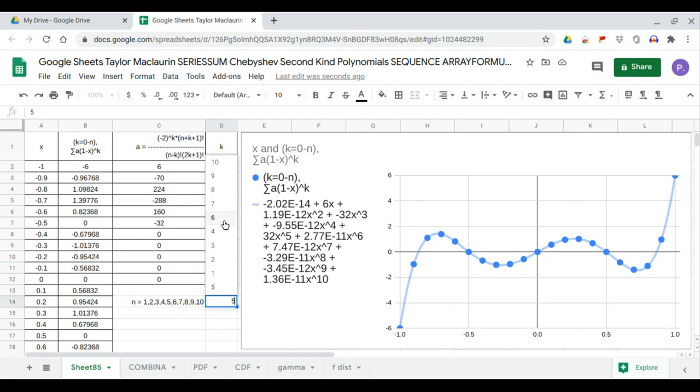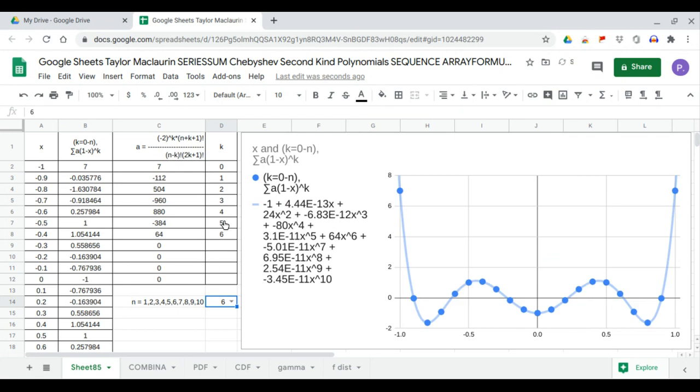At n equals 6, y equals negative 1 plus 24x squared minus 80x to the fourth plus 64x to the sixth.